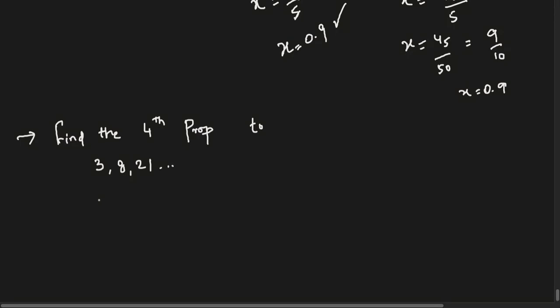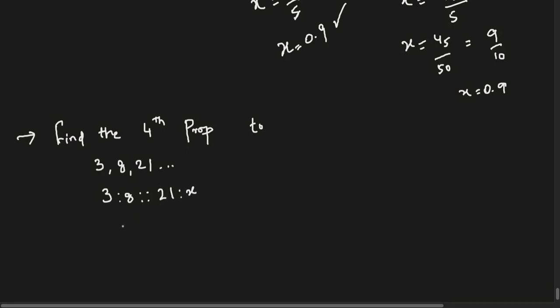Same property, product of means equal to product of extremes. You will take 3 is to 8, 21 is to x.